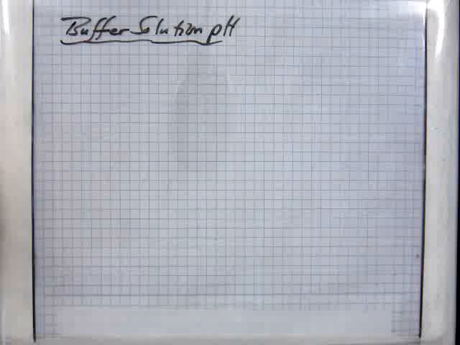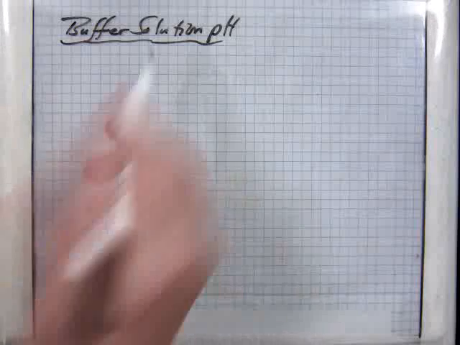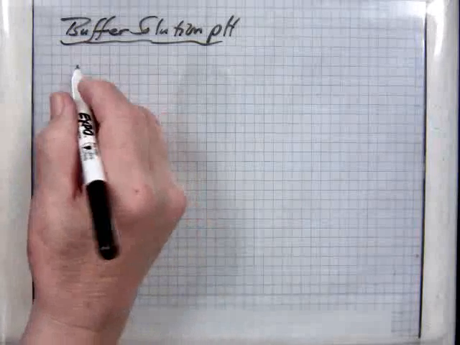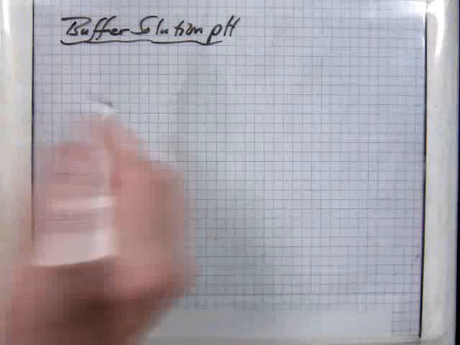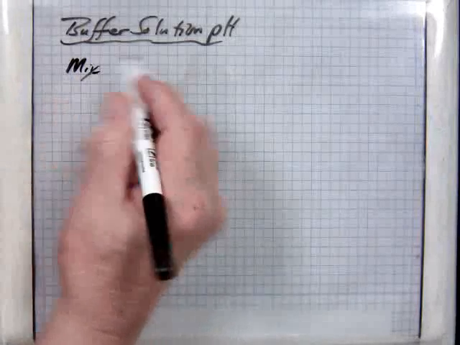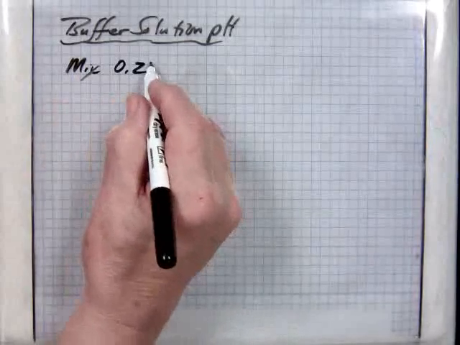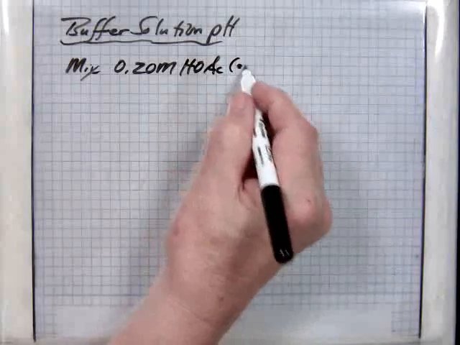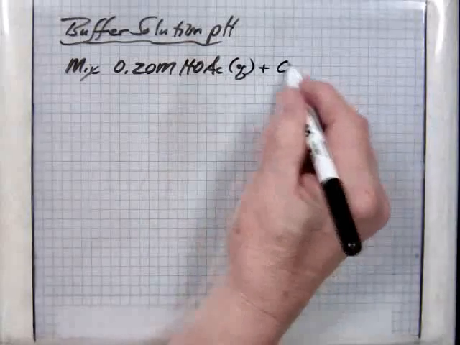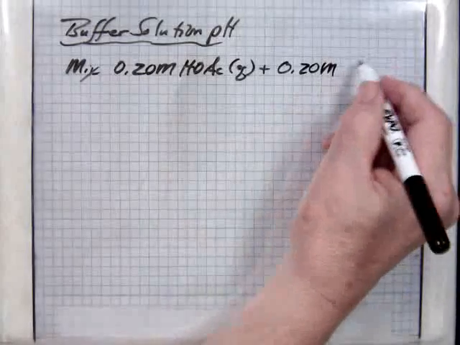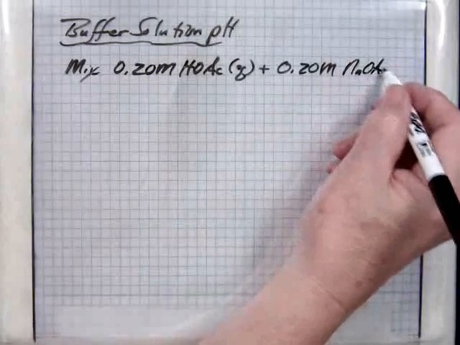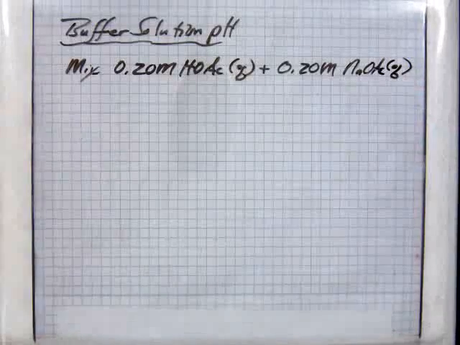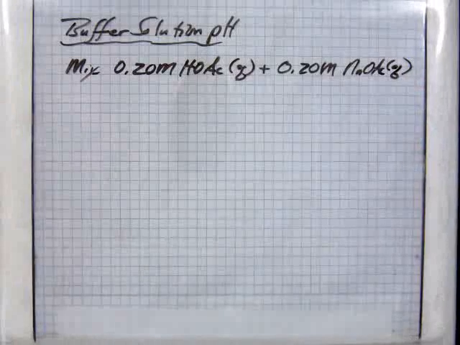Start with the buffer solution pH. We want to make a buffer and then look at its pH effect. Okay, we'll start with an acidic buffer, and so you're going to mix say a 0.20 molar acetic acid aqueous plus a 0.20 molar sodium acetate aqueous solution.